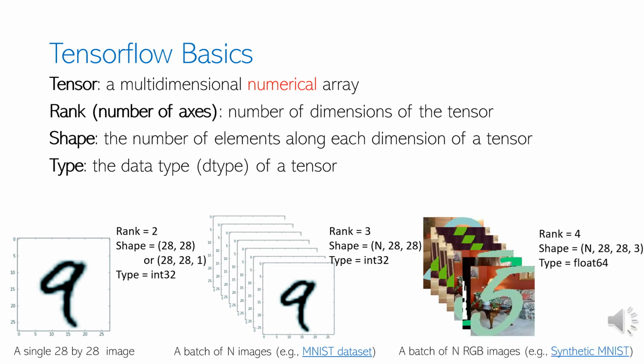If you have color images instead of grayscale images, you're going to have an additional dimension at the end, which will store information about red, green, and blue pixel values. So in this case, if you have n 28 by 28 color images in a tensor, the shape of the tensor would be n by 28 by 28 by 3.